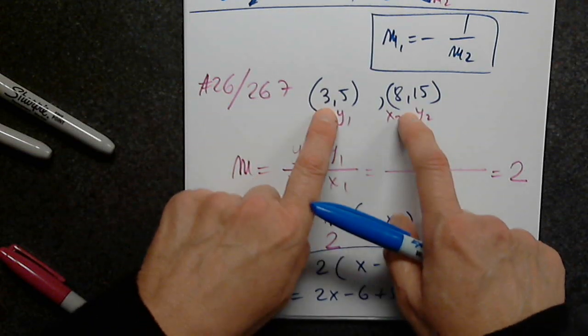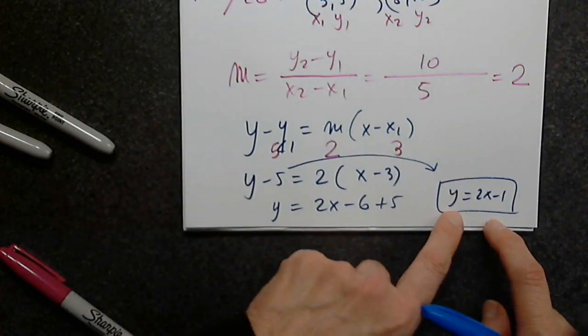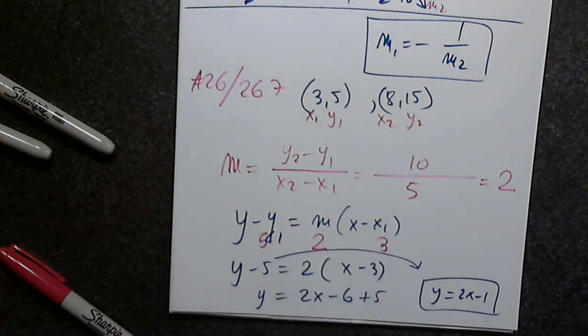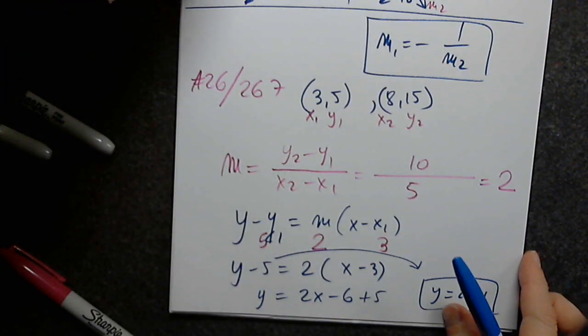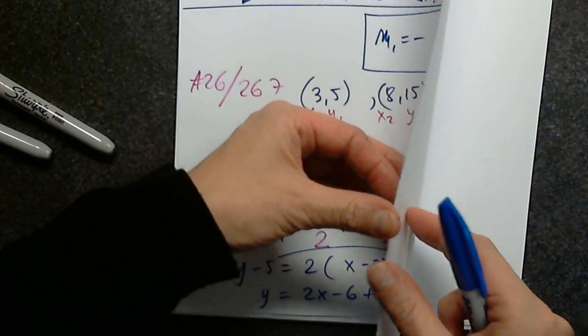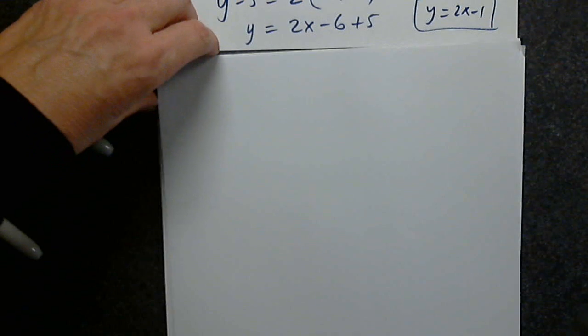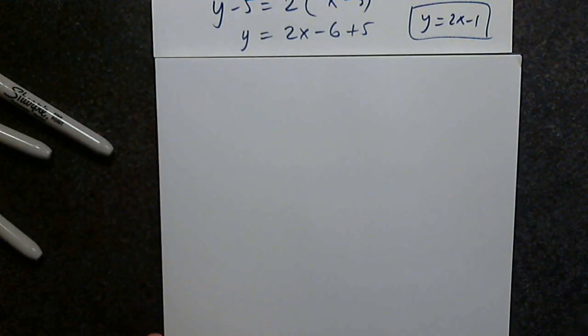If you plot these 2 points and you graph this line, it will guaranteed go through these 2. It will pass through those 2 points. Questions? Okay, that's one type of problem. Let me know if you need more of the same. You should always tell me if you need more of the same without me asking, please.